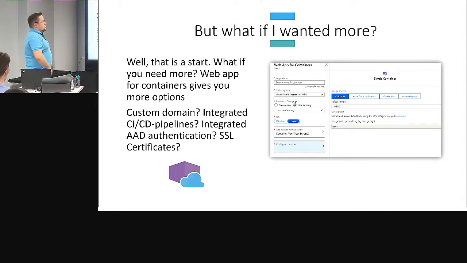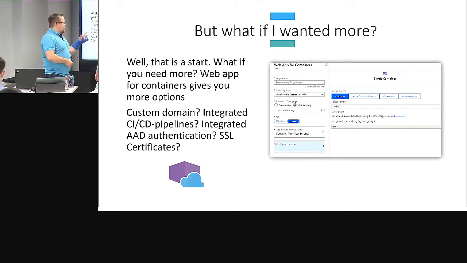And what does it give you? For example, custom domain abilities, integrated CI/CD pipelines, integrated AAD authentication, or more like turnkey authentication. If you have used app services, you've probably seen the authentication, one of the selections for those app services, where you can select that in order for an end user to be able to access this application, they will need to be authenticated with one of these identity providers. Which is very, very nice.